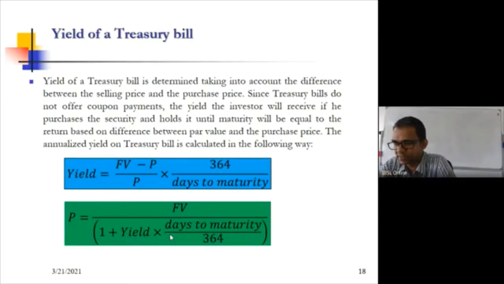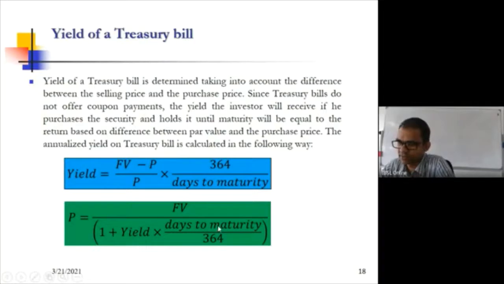What is the relationship in the prices? The longer the maturity, the lower the price, because when the number of days increases, this part would be high. If we divide by a higher number, then you get a lower price. If the yield is decreasing, price is increasing.